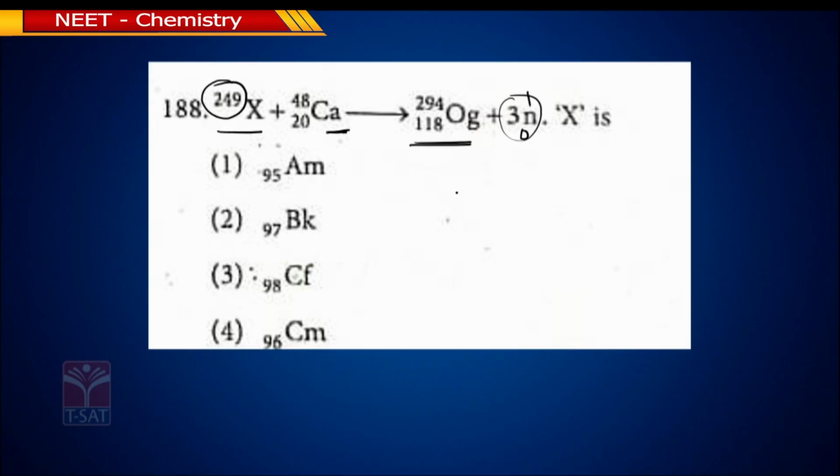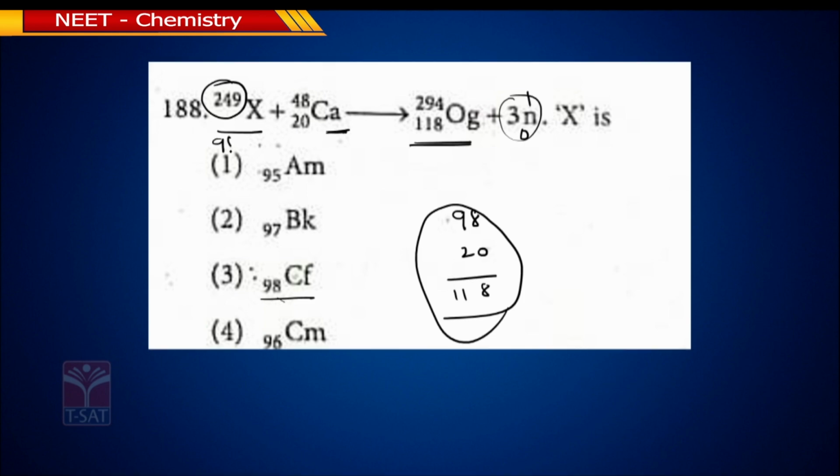X should be 98, since 98 plus 20 is 118. So, it will be californium. Californium 98, 249 reacts with calcium 20, 48 to get oganesson 294, with 118 as the atomic number, and 3 neutrons, whose charge is 0 and mass is 1.